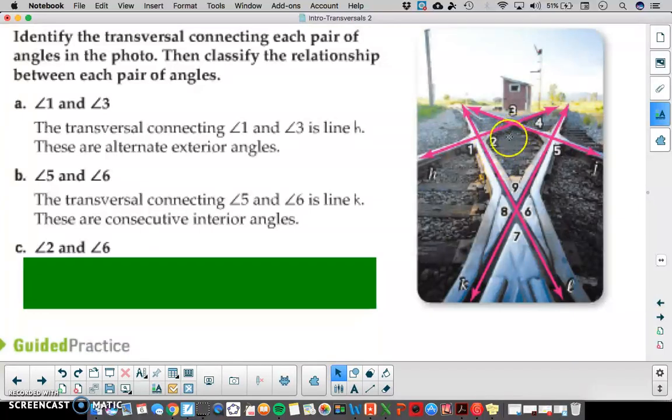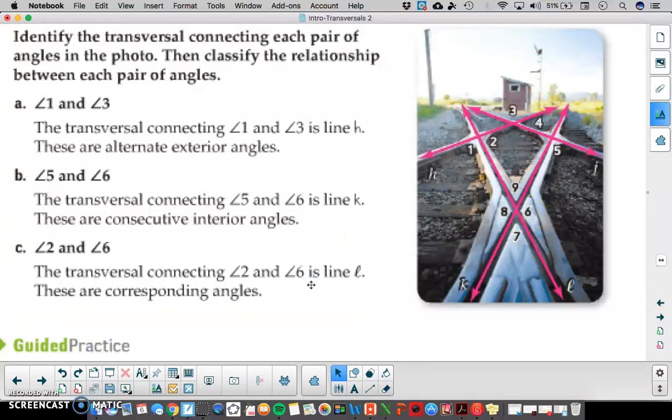Notice that they are on the same side of that transversal L, but 2 is interior to the two lines, and 6 is exterior to line K. So they cannot be interior or exterior angles. But notice that angle 2 is in the lower right-hand position, and 6 is in the lower right-hand position. Because they're in the same position, angles 2 and 6 are corresponding angles.